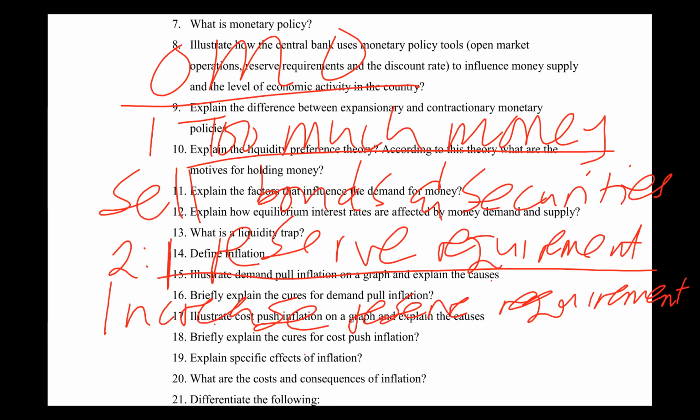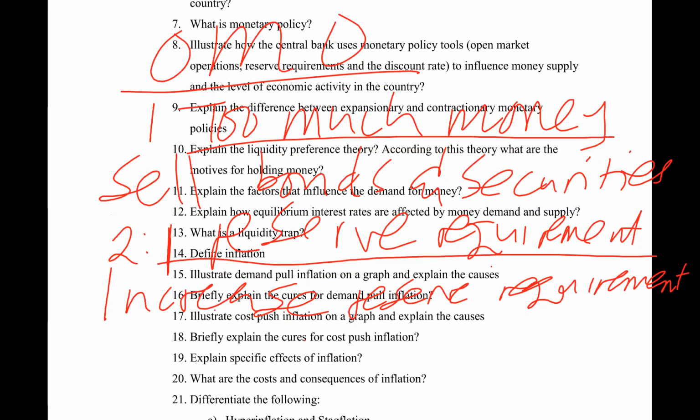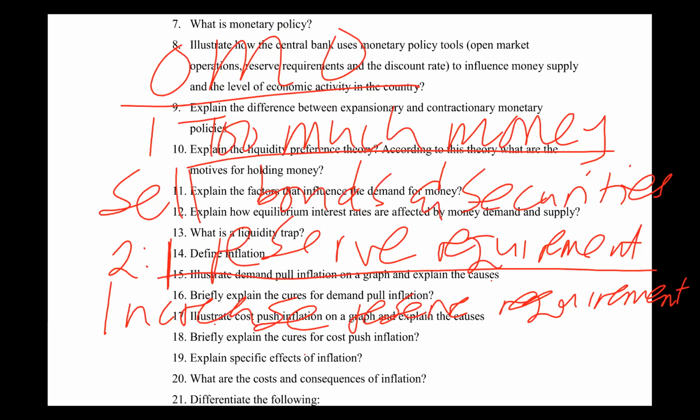Let's look at how the central bank, we are answering question number 8, for those that have just joined. The question is: illustrate how the central bank uses the monetary policy tools, the open market operations, the reserve requirement, and the discount rate to influence money supply. So it started with the scenario where we have too much supply of money.